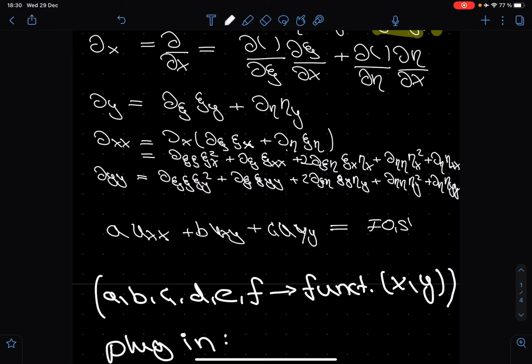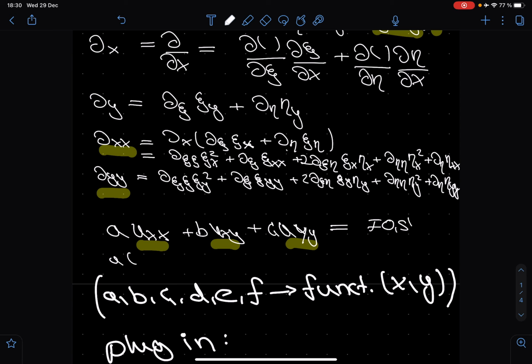We are now going to plug in those derivations, which will give us a new function in terms of the new coordinates. This might look a bit messy if I plug it all in one line. That won't be enough space for plugging in all of those derivations.